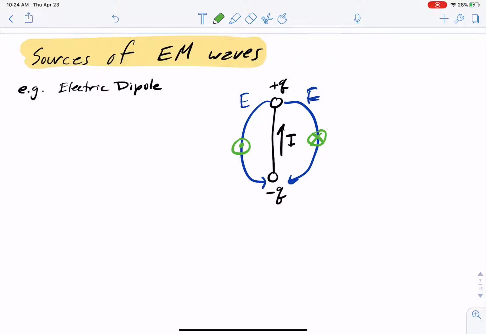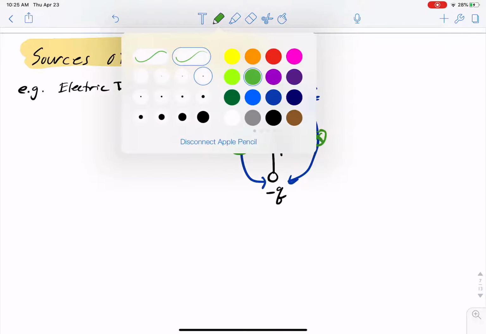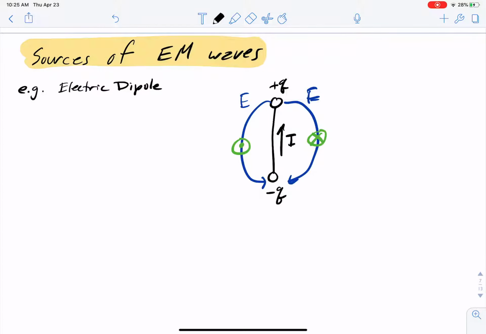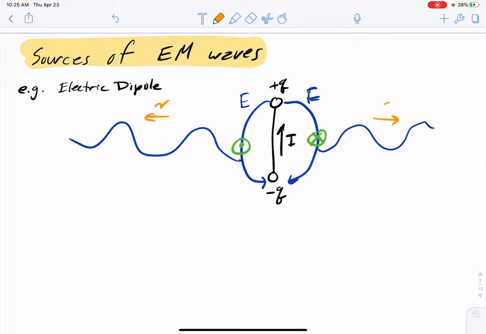So you can see this has that structure we were talking about for the electromagnetic waves, that the electric and magnetic fields at this point are perpendicular to each other. And indeed, if this current is oscillating, a little bit later those directions will flip. So in the end, we end up with a wave coming out of this thing, moving outward from the center.